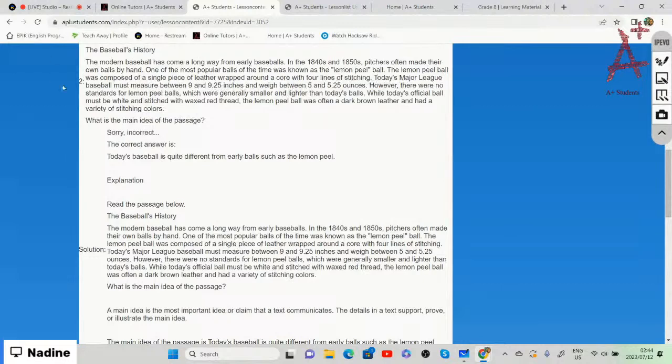However, there were no standards for lemon peel balls, which were smaller and lighter than today's balls, while today's official balls must be white and stitched with waxed red thread. The lemon peel ball was often a dark brown leather and had a variety of stitching colors.